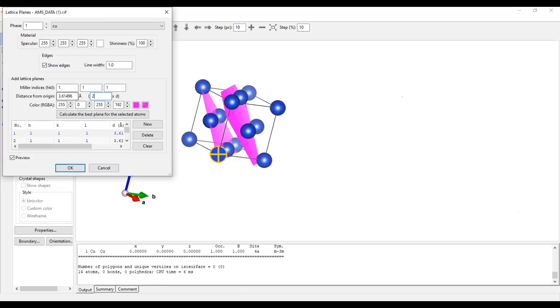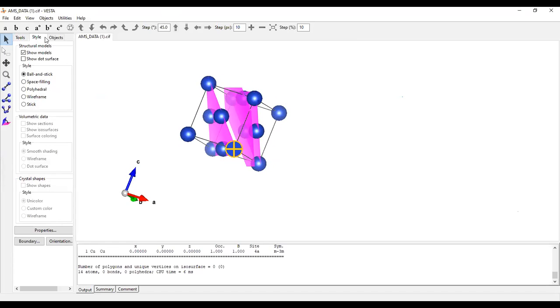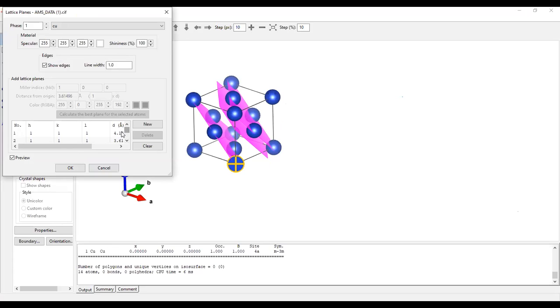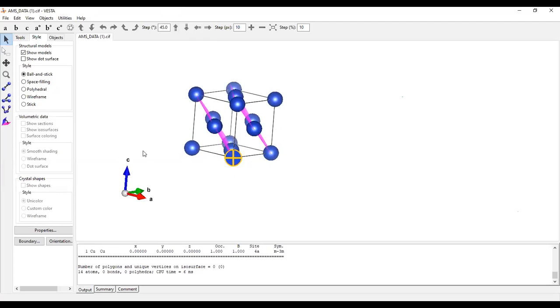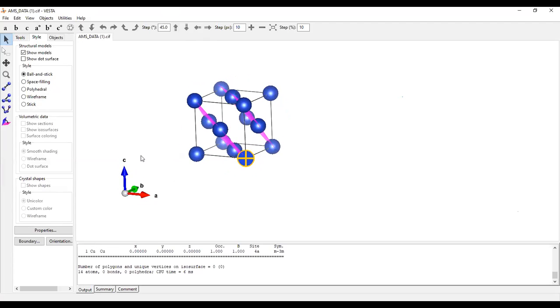Let me make it 2. So now it will be clear, right? Okay. So these are the two parallel triple one planes in a unit cell.